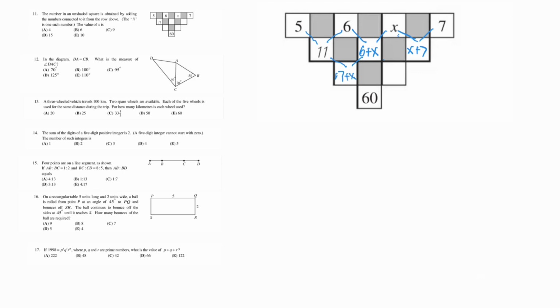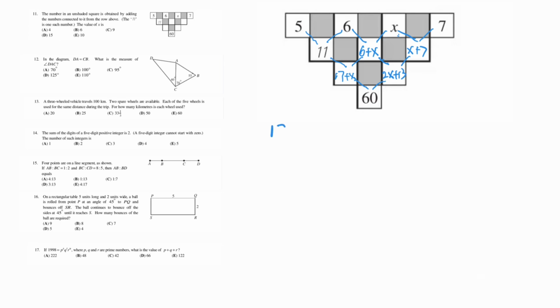And 6 plus x plus x plus 7, that's 2x plus 13, goes here. Finally, these two boxes added together go to 60.